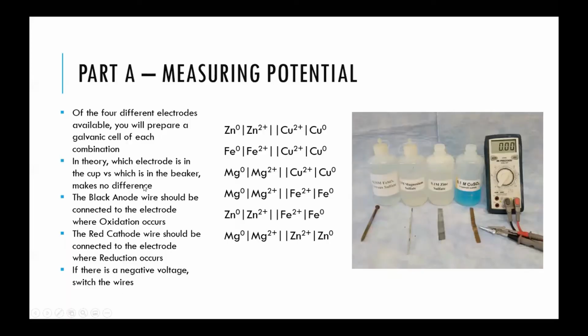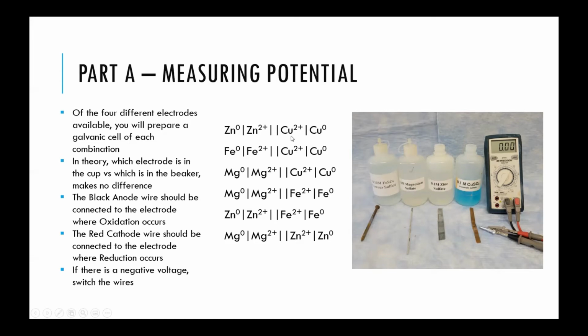The first part of the experiment is preparing different galvanic cells of these 4 different electrodes. You will have solutions and metal electrodes of iron, magnesium, zinc, and copper. And you will prepare every combination and measure the chemical potential.